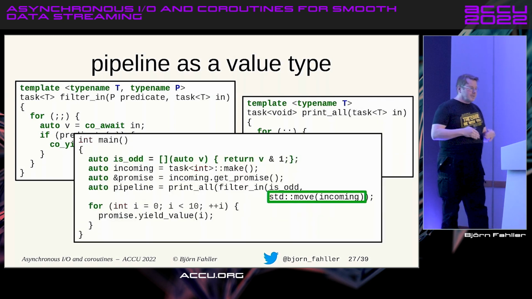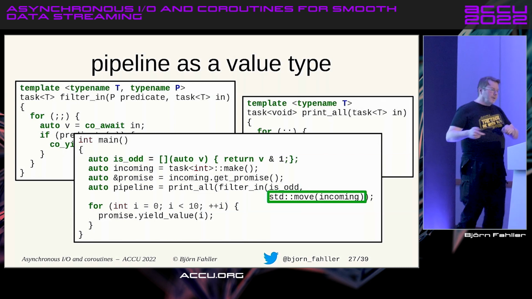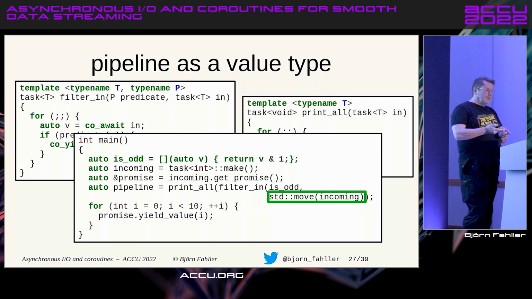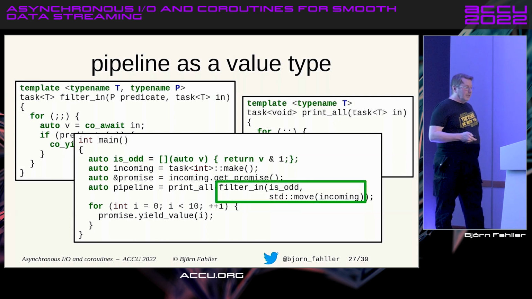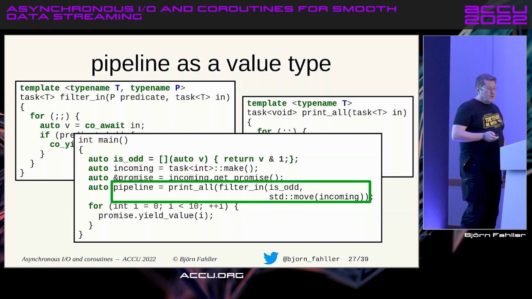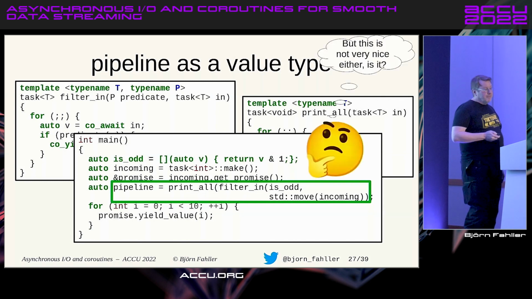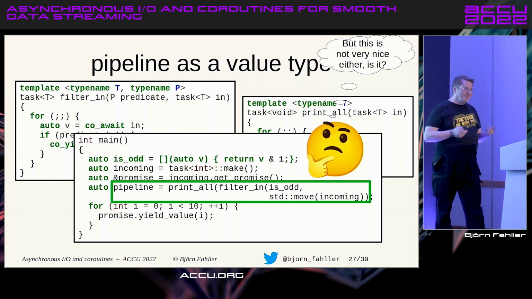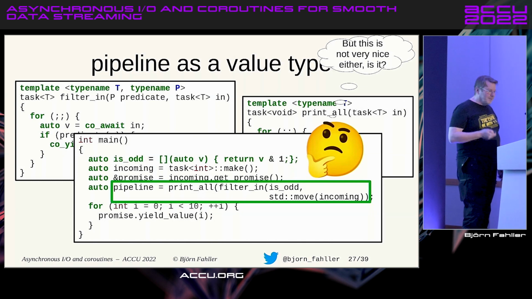And then we can write code like this, where we call filter in with this odd, and we move the incoming, and the return type, the coroutine object from filter in, is just passed in as an R value into print all, where it's kept as a variable. Like that. So, I mean, it's still not great, but there are fewer objects to keep alive. So it's progress.